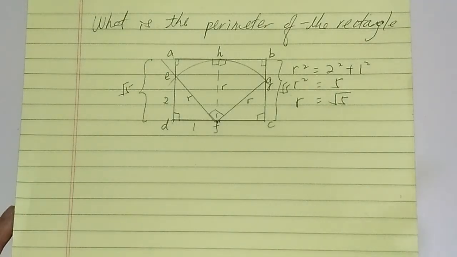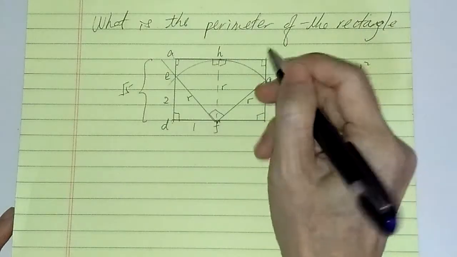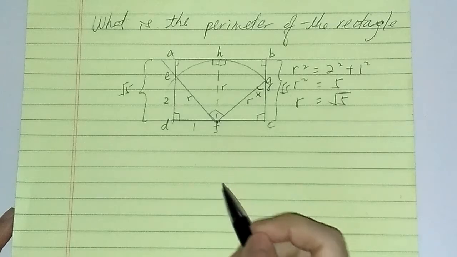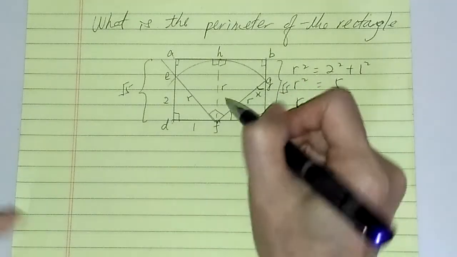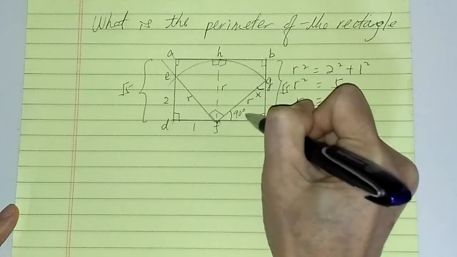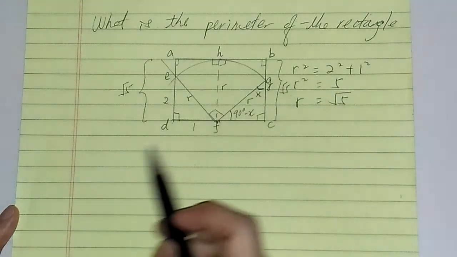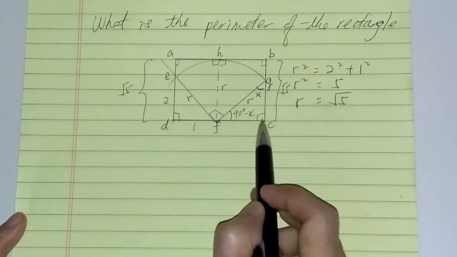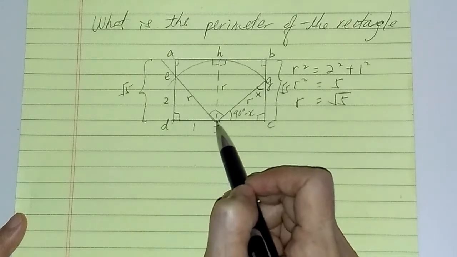If we look at this 90 degree angle, and I let this angle be X, then this one will be 90 degrees minus X. From here to here is a straight line, so angles on a straight line add up to 180.